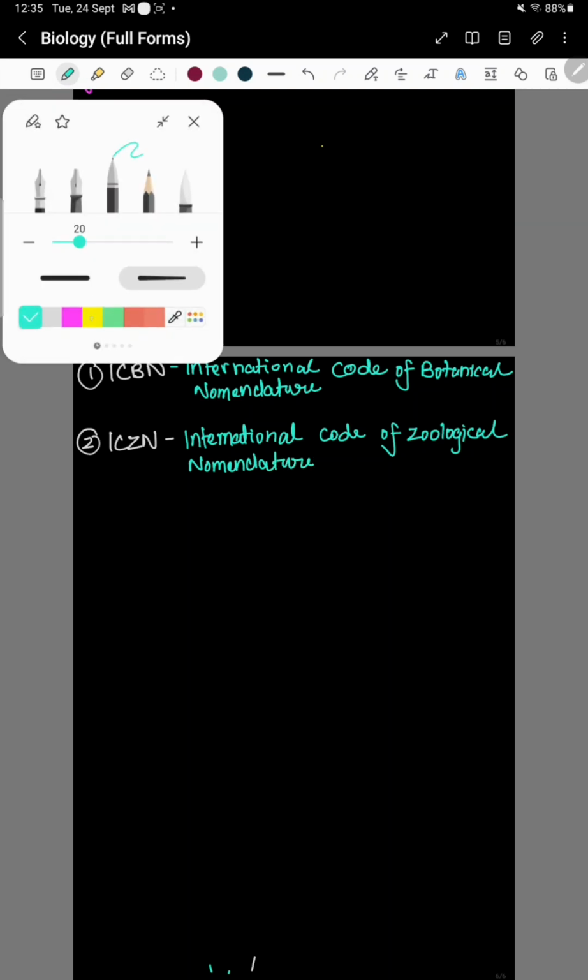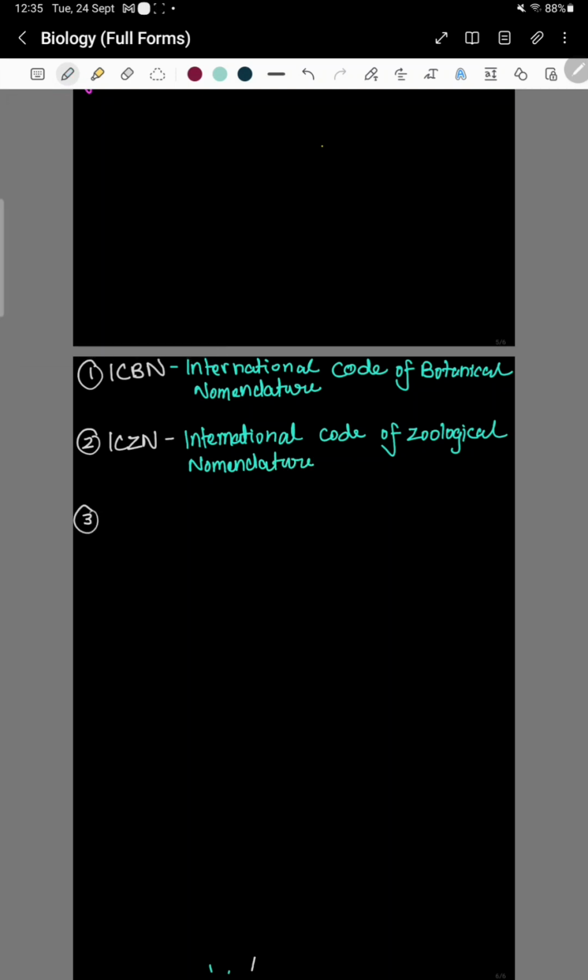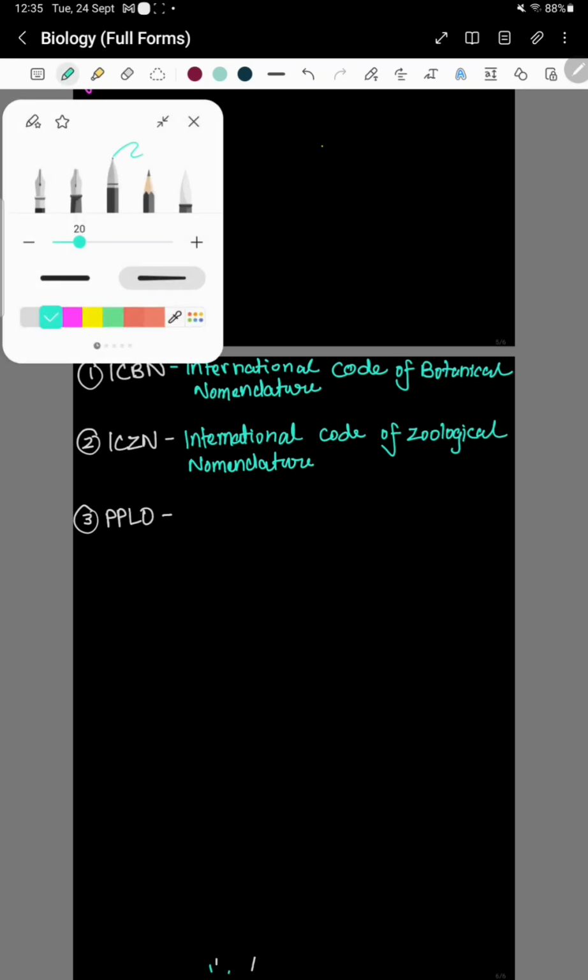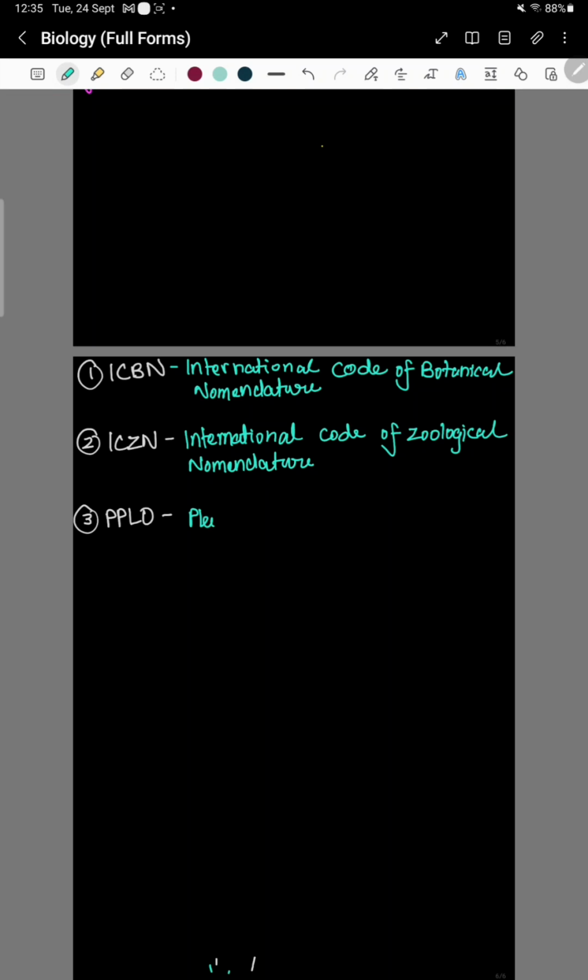And number 3, PPLO, the full form is pleuropneumonia-like organisms.